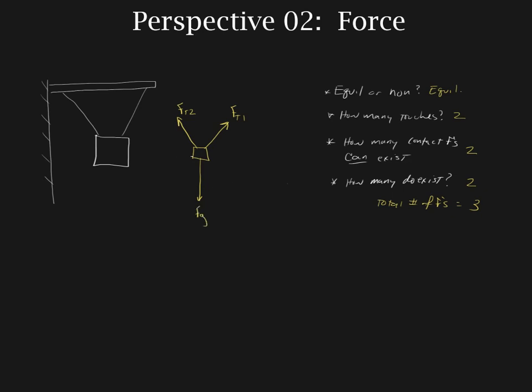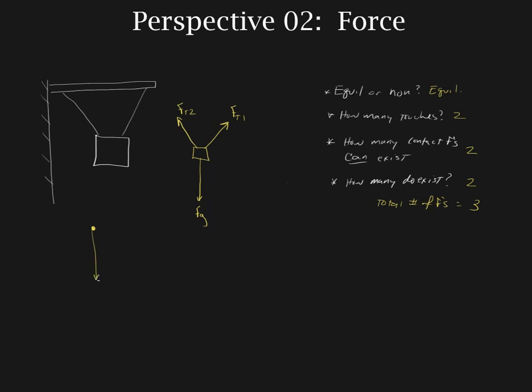Now, when we draw a head-to-tail diagram of these forces, we should end up with no resultant to the diagram. If we take our forces and just bring them out and draw an HTT, and it doesn't matter what order you add them in, you might start with the force of gravity pointing straight down.